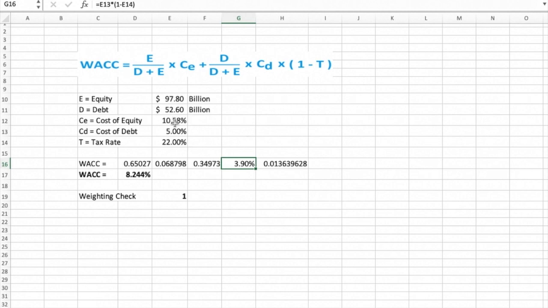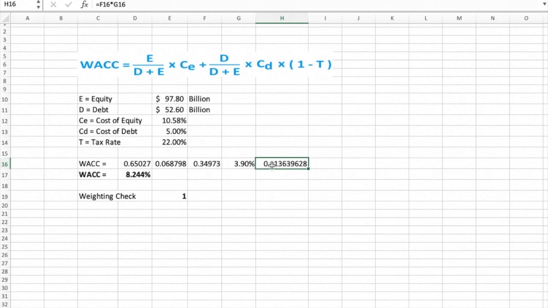So 5% times 0.78 comes out to 3.9%. That's the reduction in the effective interest rate from the tax rate and having corporate debt be tax deductible. So this whole number comes out to be 1.3%, or 1.4% if you round it.